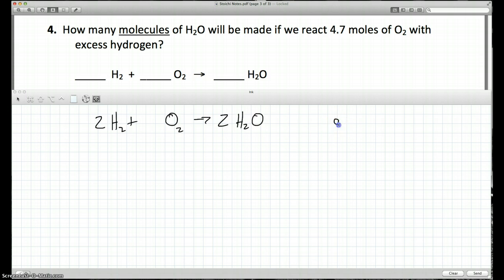If I set up my map, grams, 2 moles, 2 moles, 2, instead of grams, I'm going to put molecules here. Moles and molecules are two different things. I'm starting at moles of O2, because my starting number is 4.7 moles of O2.